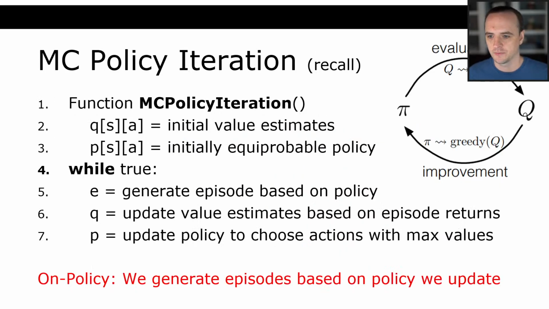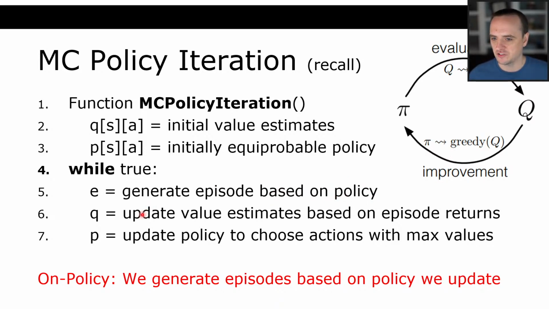So let's just have a look. This is what we looked at last time, so we can recall this. We have our Monte Carlo policy iteration. And what was happening was we have some value estimates. We have a policy. What we learned was we generated an episode using that policy.